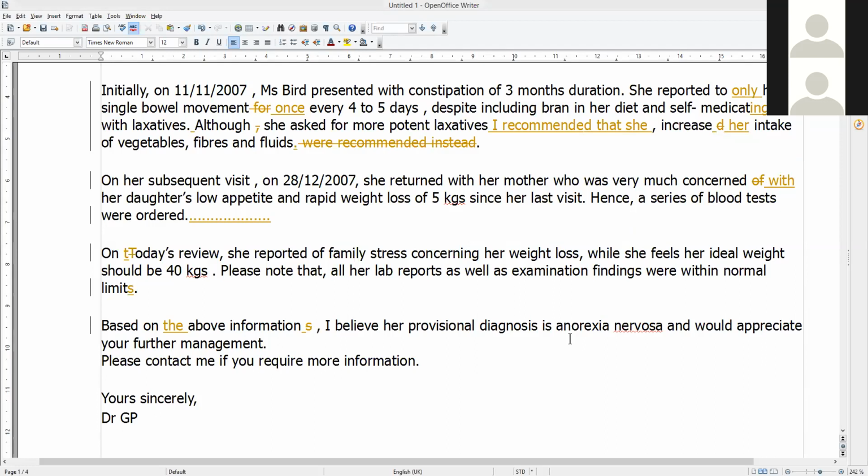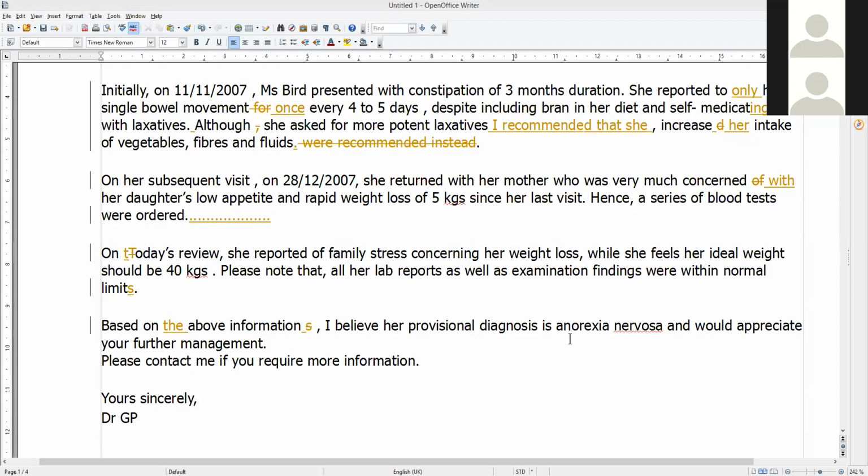Well, usually if it's an adult, it would be Miss Bird. She is 16, so you can use Miss Bird because she's 16, so she's not really a child, but she's not a very young one. So for this one here, I would use either Miss Bird or Janet.